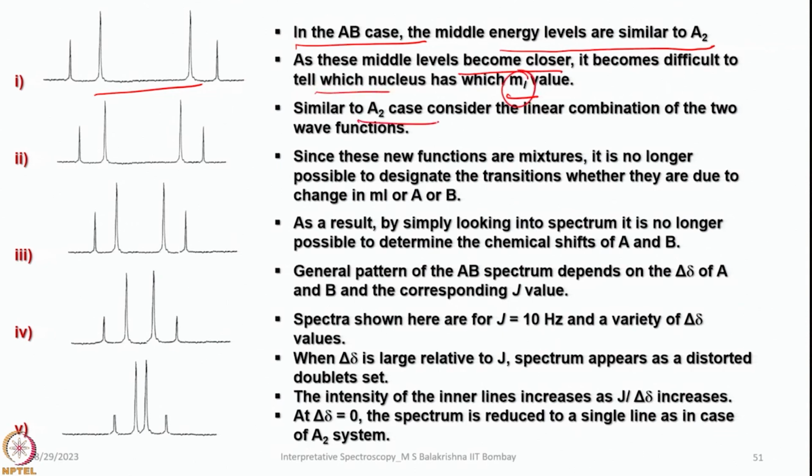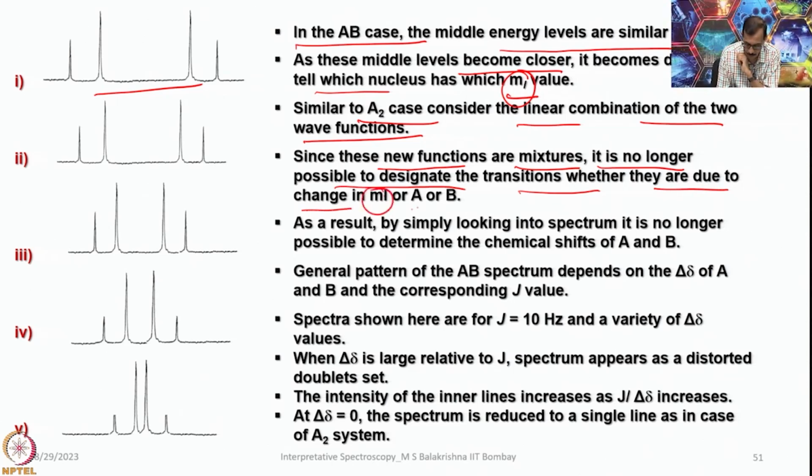That is the problem we come across in second order splitting. Similar to the A2 case, consider the linear combination of two wave functions here. Since these new functions are mixtures, it is no longer possible to designate the transitions as being due to a change in Mi of A or B.